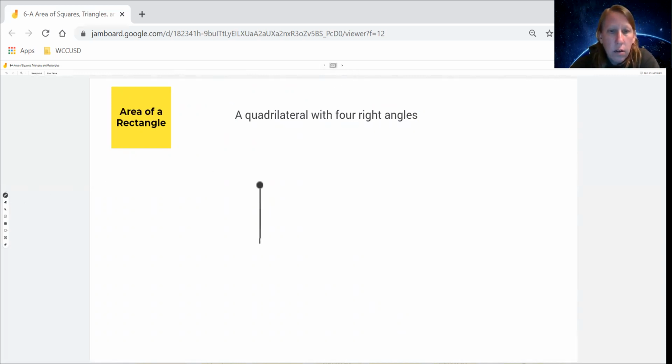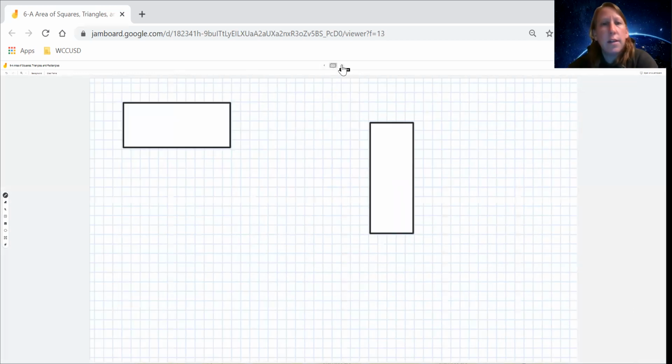Rectangles are parallelograms, so these sides and these sides are congruent, those pairs of sides. Rectangles are not all squares, but all squares are rectangles. That's always a fun one to put on tests.